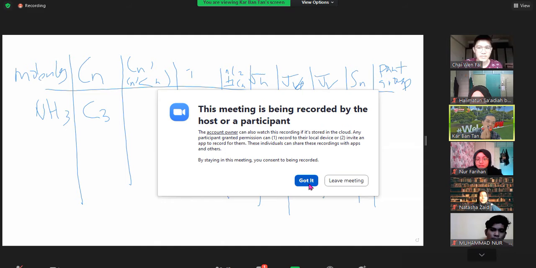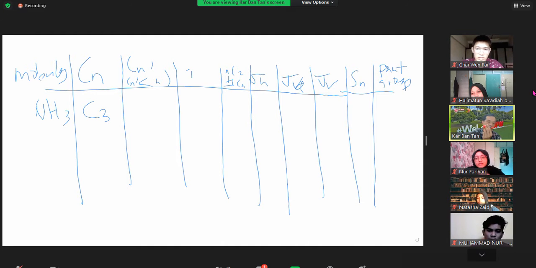So now we are talking about the symmetry for ammonia. The chemical formula is NH3. First thing you have to ask yourself: is it a planar structure? If it is not a planar structure, what is the geometry? You see 1, 2, 3 at the bottom, and then 1 at the top.